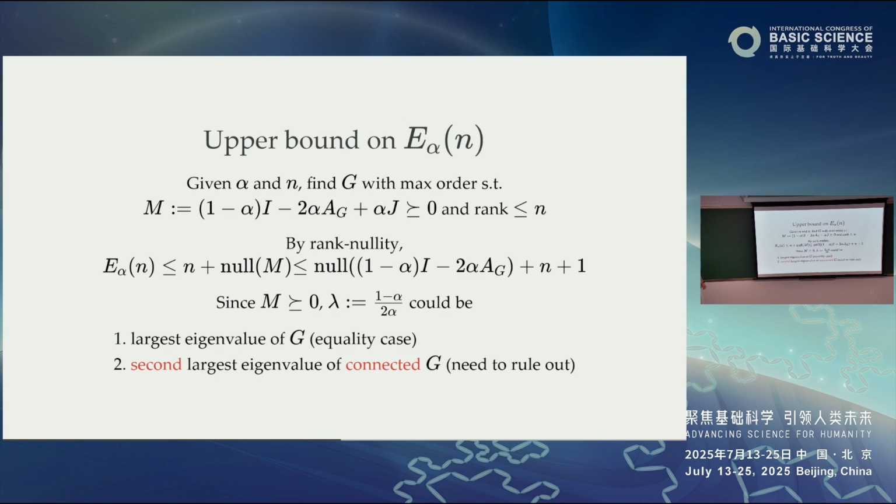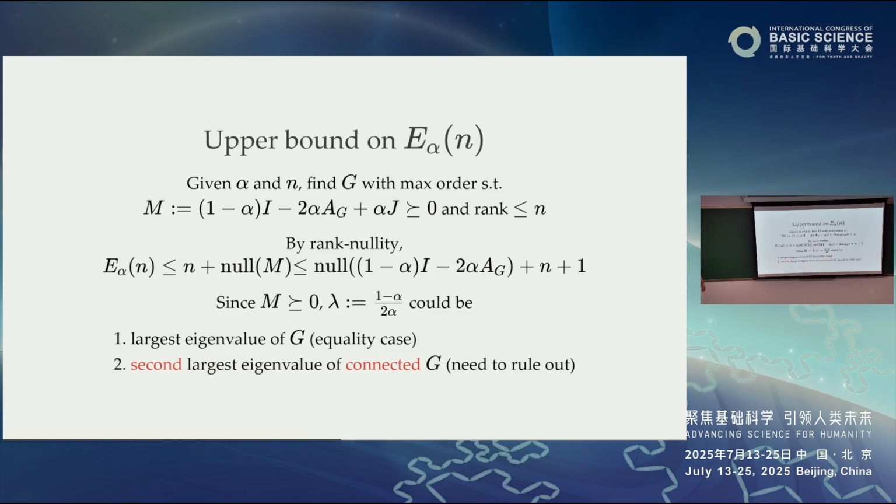Either it has to be the largest eigenvalue of G, in which case this nullity can be reasonably controlled and we can match the lower bound. Or this lambda has to be the second largest eigenvalue of the graph G.